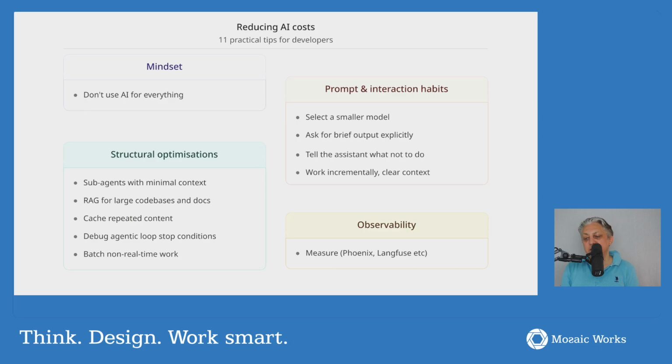A second category we can look at is prompt and interaction habits. Here, one of the easiest ones is to select the model that is fit for the task. If the task is really simple, select a smaller model. If the task is more complex, select a bigger model.